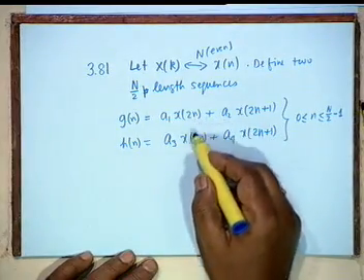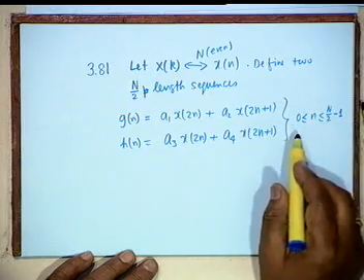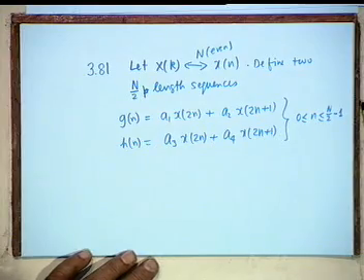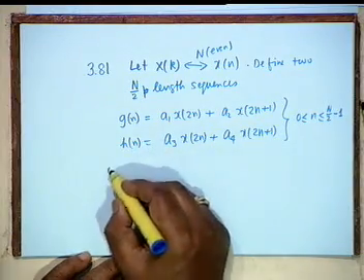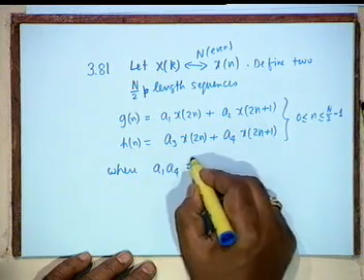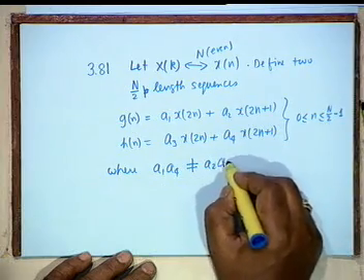Because there are 2n here, you can't exceed. The samples do not exist beyond these limits. Okay? Where it is given that A1 A4 is not equal to A2 A3.